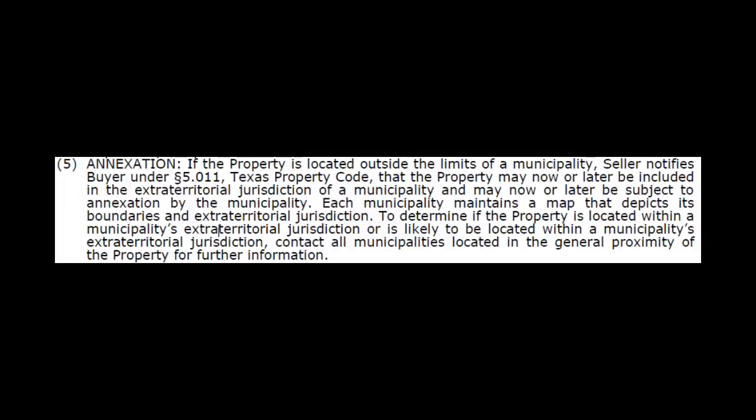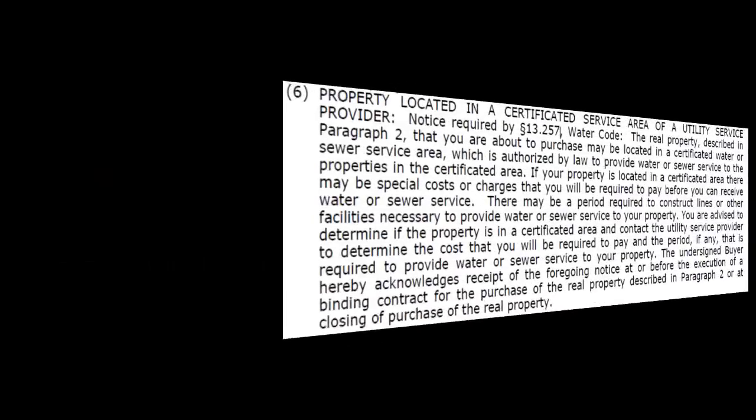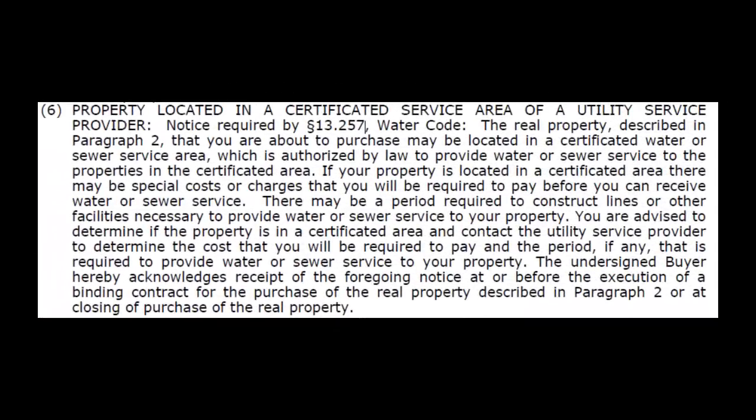This is just serving notice that area could be annexed at some point. Maybe you'd have certain taxes that would be due if it is annexed. And so just kind of be aware if you're in one of those areas in the urban sprawl situation, then you could get some extra taxes at some point if you're swallowed up. All right. Number 6, property located in a certified service area of a utility service provider. Okay.